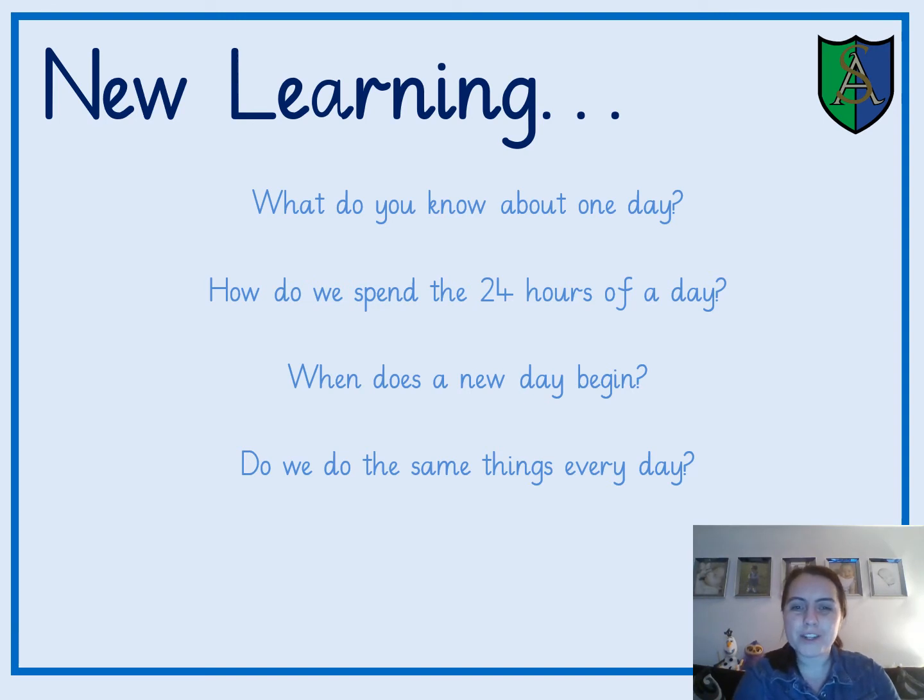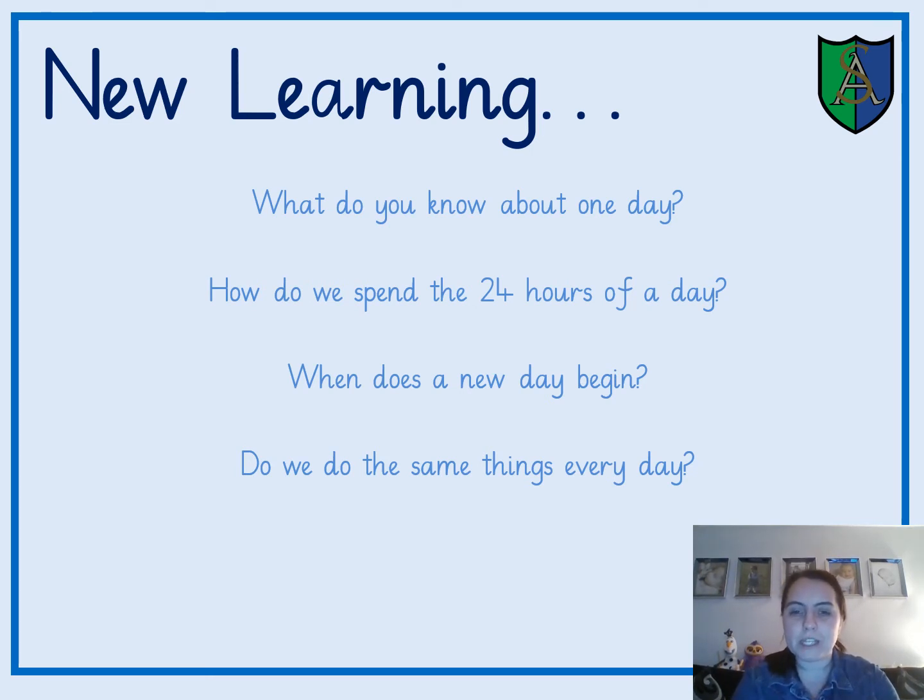Okay, so what do we know about one day? Well, I know that in one day there are 24 hours. Okay, so that's one thing that I know about one full day. Well done if you said the same as me. How do we spend the 24 hours of a day? Well, we spend the 24 hours of the day through daytime and nighttime.